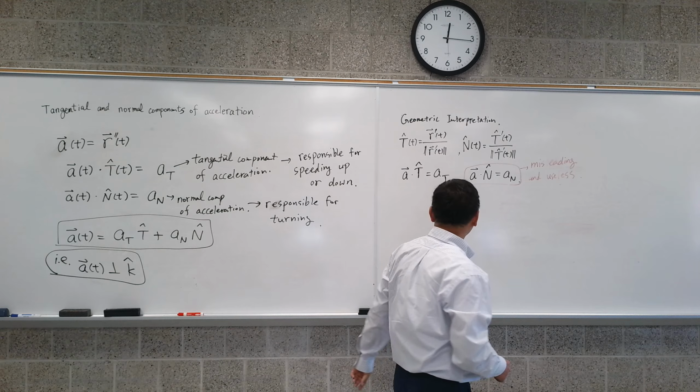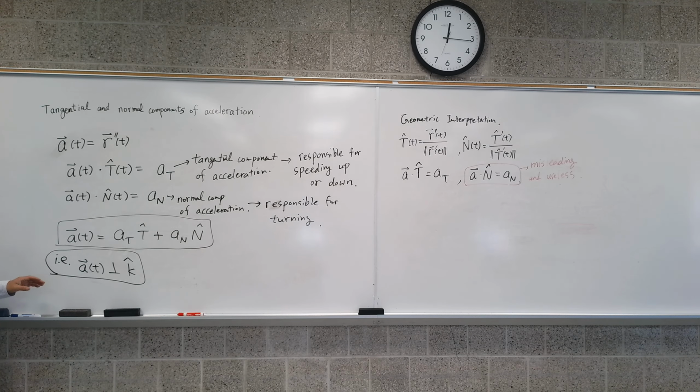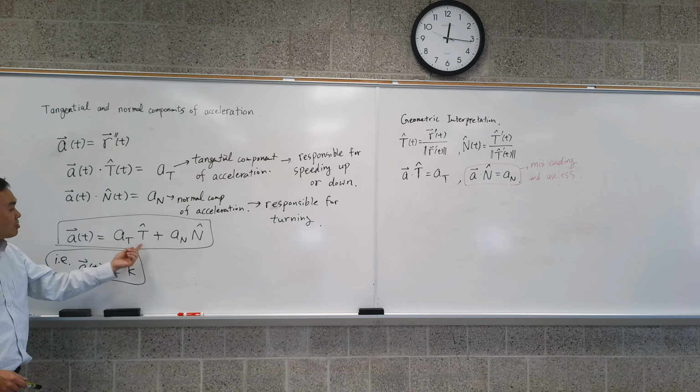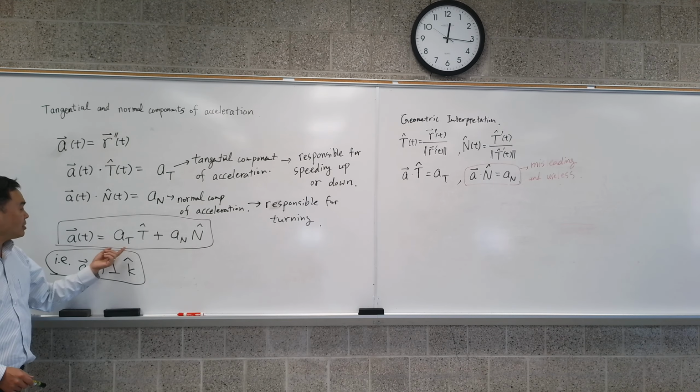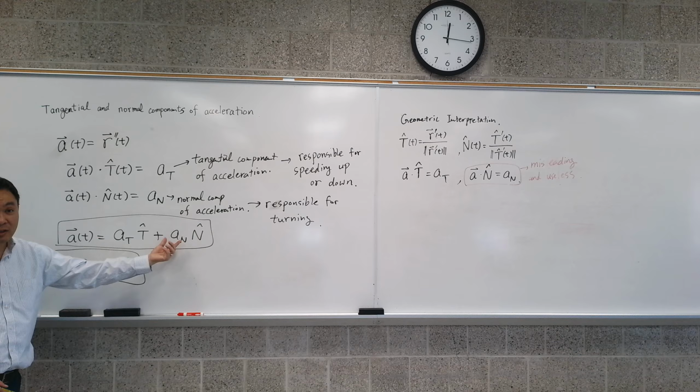So instead of this, although you may have thought that this is not a big deal, the fact that these T and N are perpendicular to each other, and you have these two components for this a, means this. Like you can think of this as the x component, that's the y component. Then if you have two quantities for the x and y component, how do you find the norm of a? You just take this square plus that square, right?